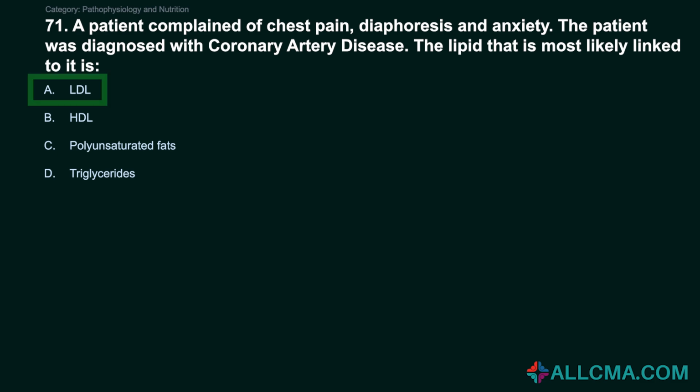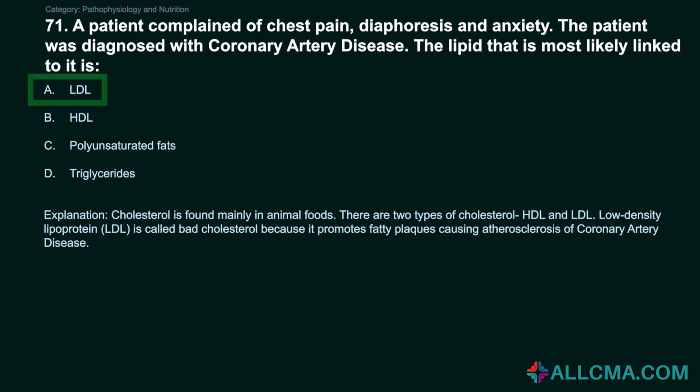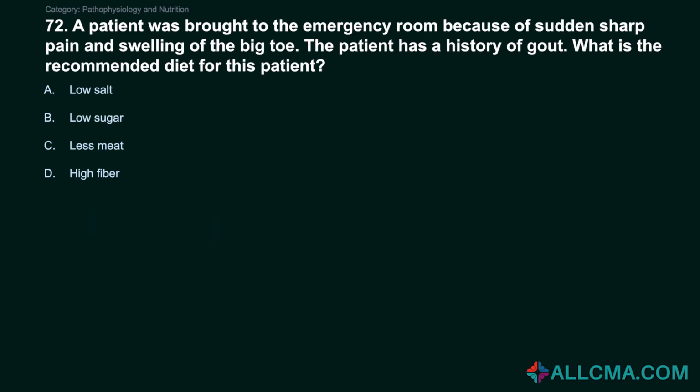Correct answer, A. LDL. Cholesterol is found mainly in animal foods. There are two types of cholesterol, HDL and LDL. Low-density lipoprotein, LDL, is called bad cholesterol because it promotes fatty plaques causing atherosclerosis of coronary artery disease.